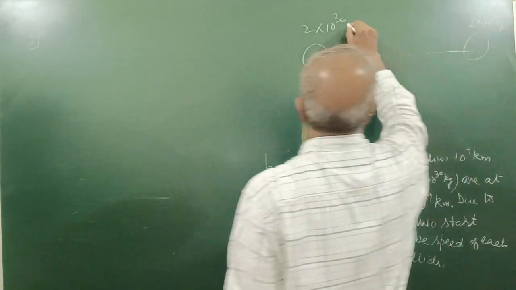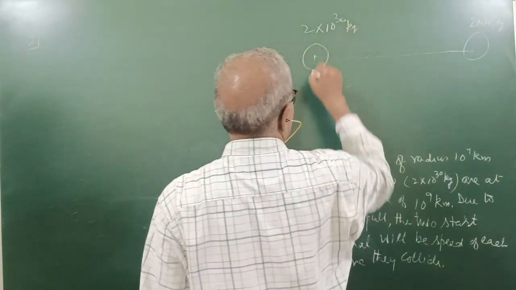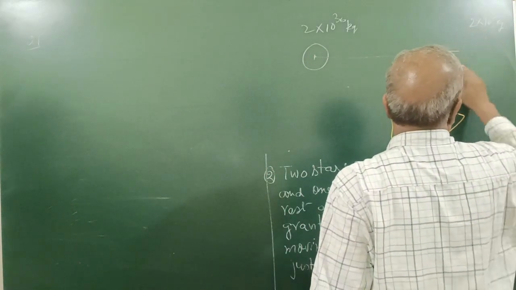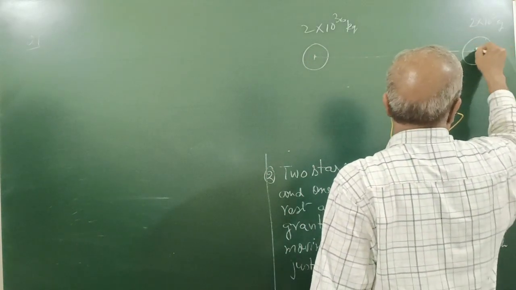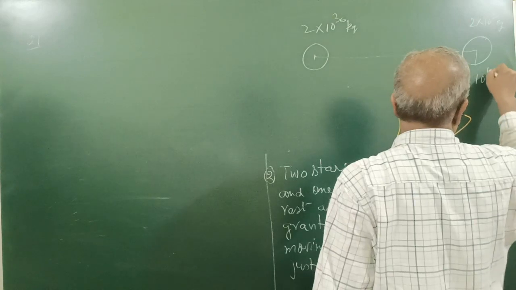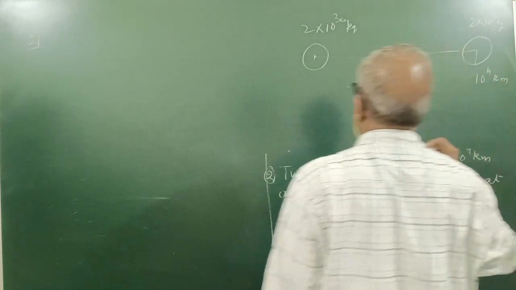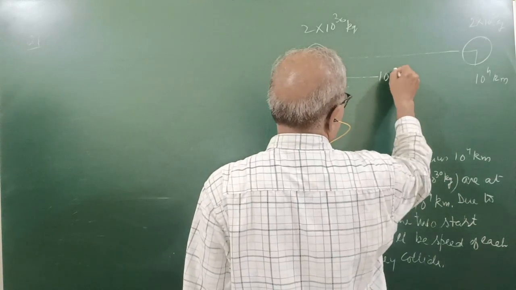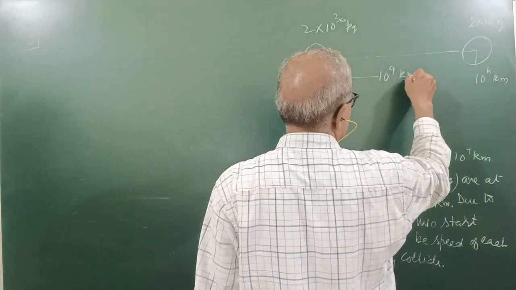These were the masses. The radius of each is 10 to the power 4 kilometer. How many meter? At this distance between their centers, 10 to the power 9 kilometer.